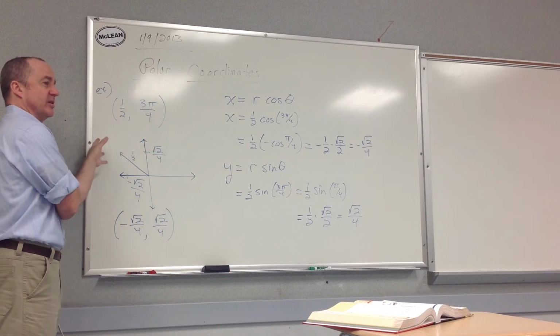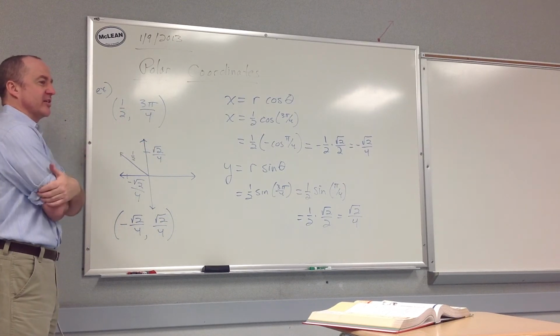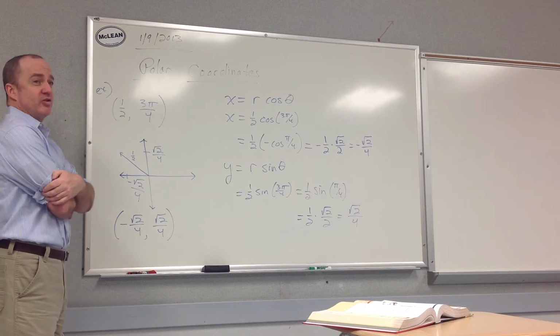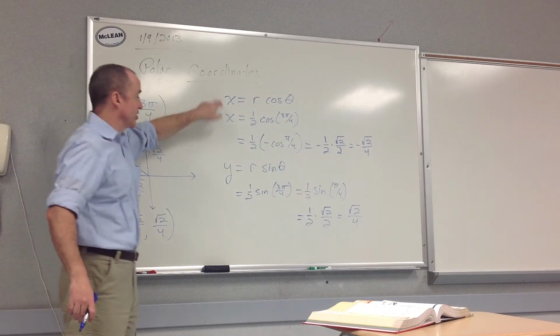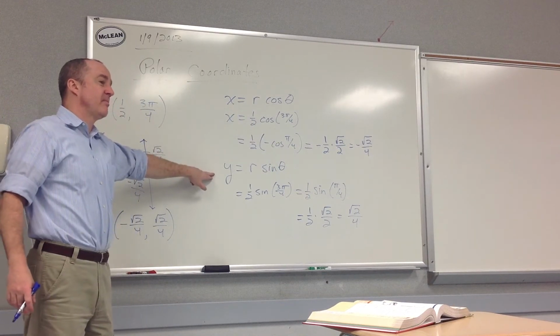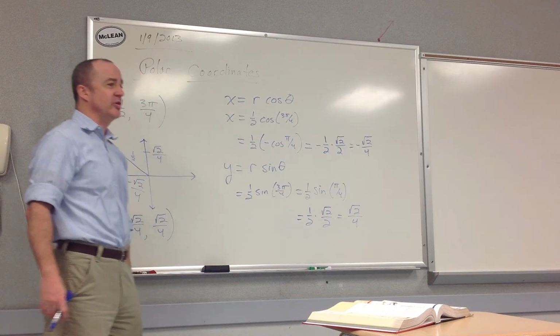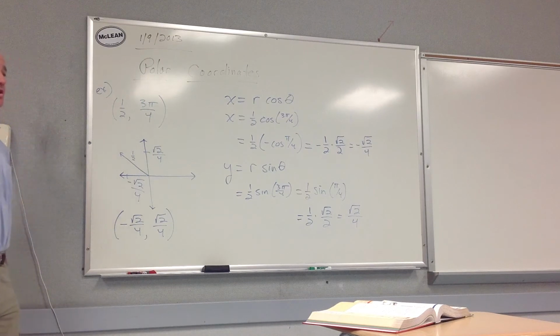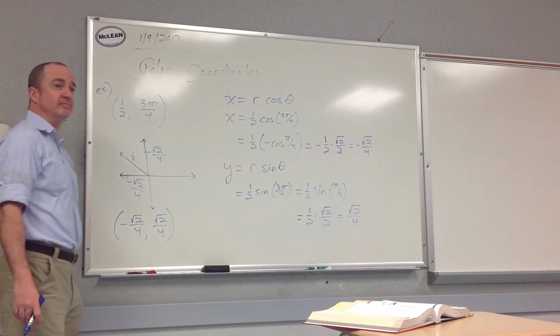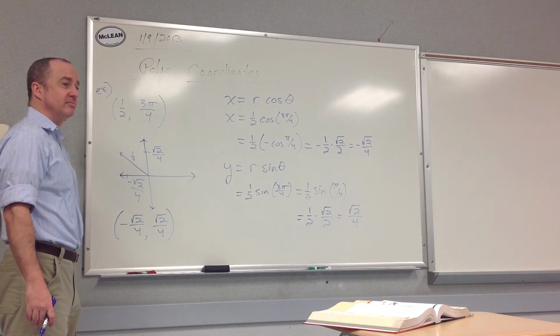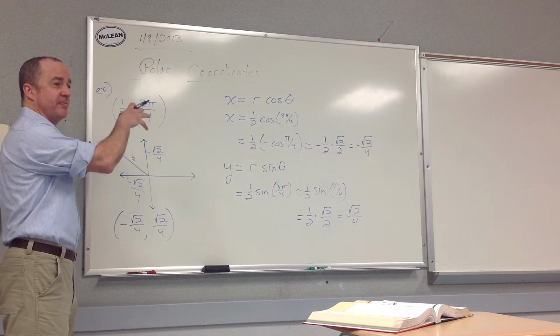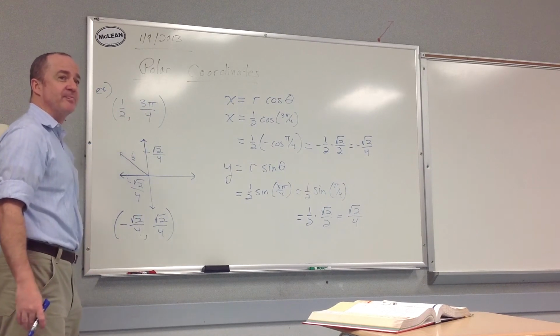I didn't use these formulas. We just used the fact that it was a 45, 45, 90 triangle. You had to remember your geometry, but you didn't have to remember this or this specifically. If you do it this way, you have to remember these formulas and you have to remember your unit circle. Which is better? I don't know. I honestly don't have a preference. But I want you to understand both, and when it comes to the homework or test, you pick.